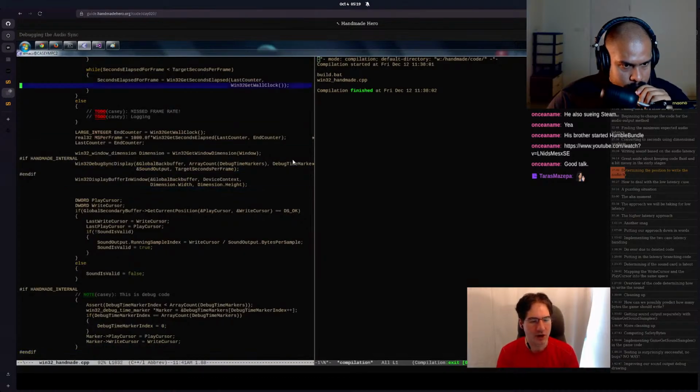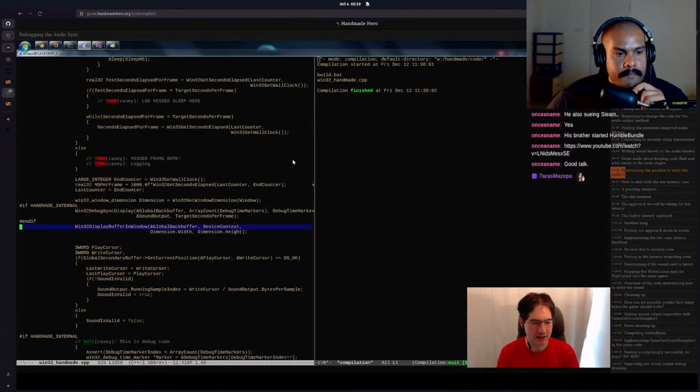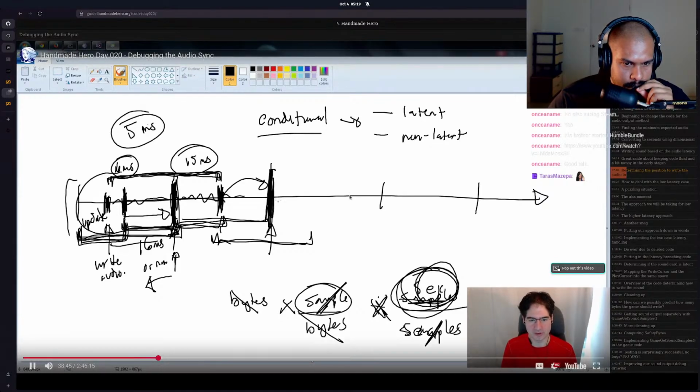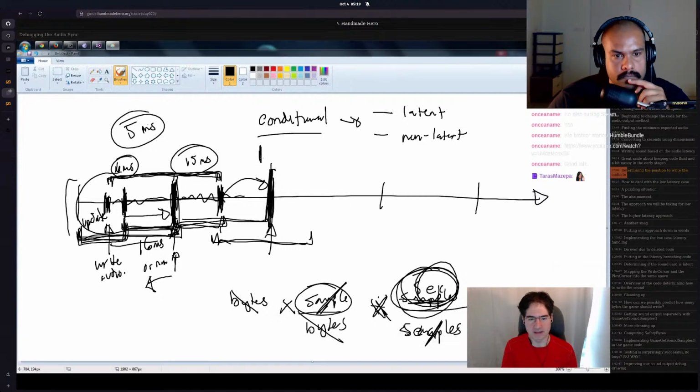All right. So basically what's going to happen is right here, we did our flip, Win32 display buffer window, and then we asked what the current position was. So we did our flip here, we asked what the current position was, and we kind of know that the play cursor is going to be right here, at the flip time. We asked where the play cursor is, and we kind of know on this machine it's going to be right there.